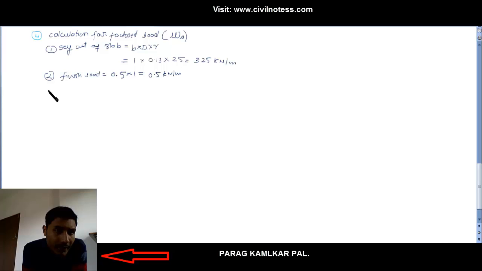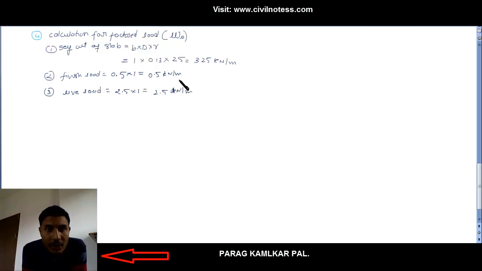Now the third one is the live load. Live load is nothing but 2.5 multiplied by 1, which is 2.5 kilonewton per meter.